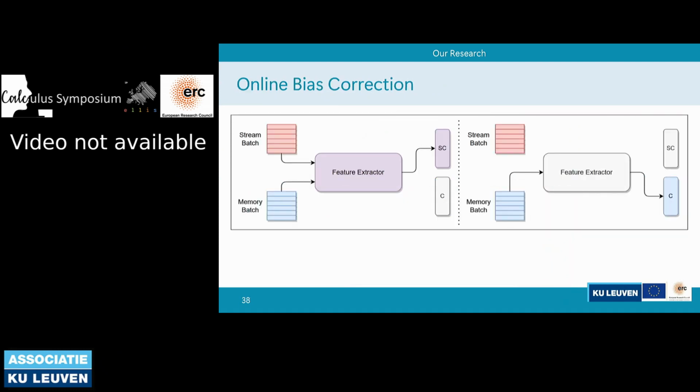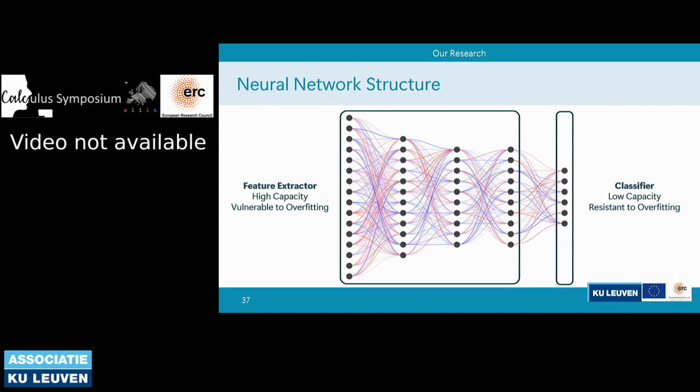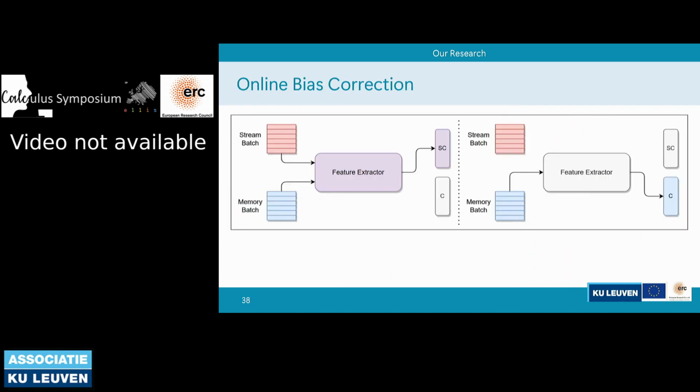So, given this information, we proposed an approach to train the feature extractor and the classifier of the model in two different steps in order to lower the prediction bias and also not increase overfitting.